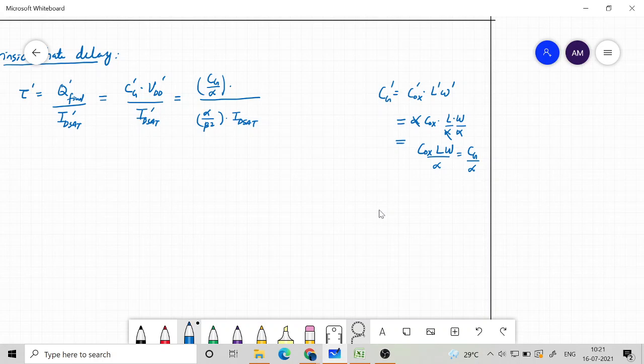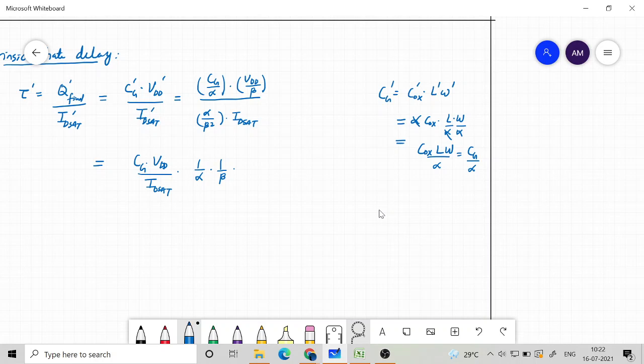Then what about VDD dash? VDD dash, we already told that it is going to be scaled by a different factor, that is VDD by beta. Okay, so now if you combine everything, you can write Cg VDD by ID sat, and you take all other terms, there is 1 by alpha, there is 1 by beta, and alpha by beta square.